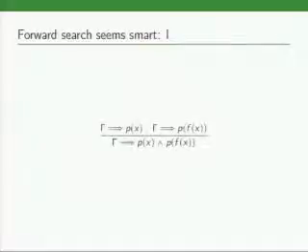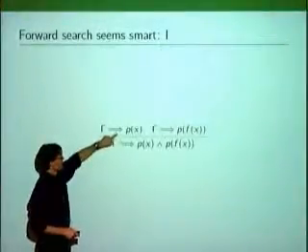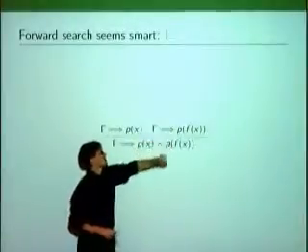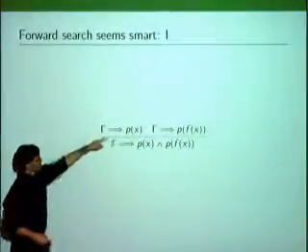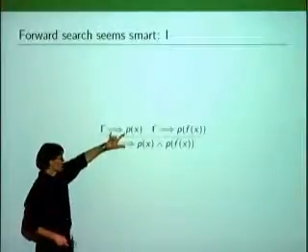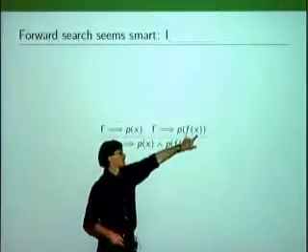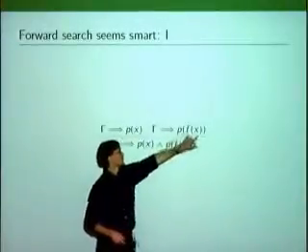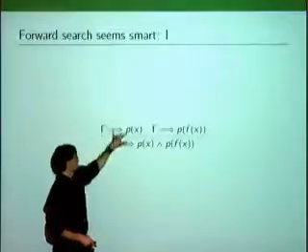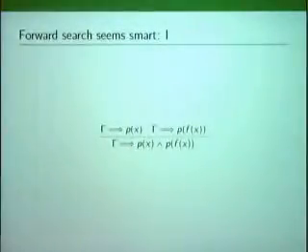In the backwards search, you might have P of x and P of f of x. Here, you would first prove P of x and then prove P of f of x. In the forwards direction, once you've proved P of x, what you've done is you've proved P of x for all x. In particular, you've proved it for f of x, with a different x, f of x prime. So again, you only need one proof in order to prove this formula.